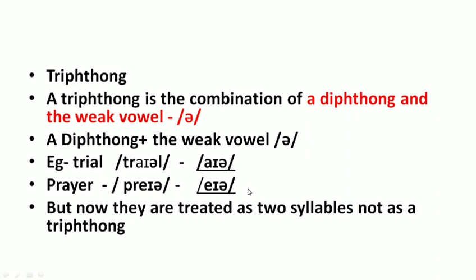In the following example, the diphthong plus schwa forms a triphthong. As an example, in "trial", you can see the diphthong and the weak vowel schwa come in one word. That was considered a triphthong at the time of Daniel Jones.